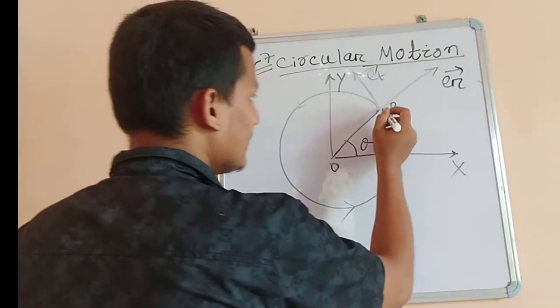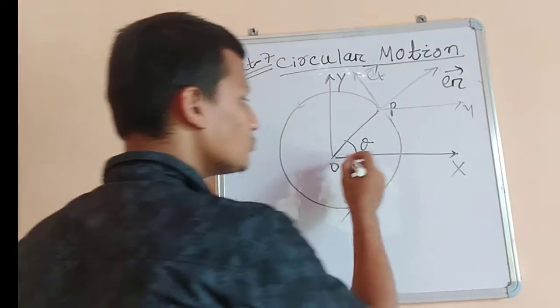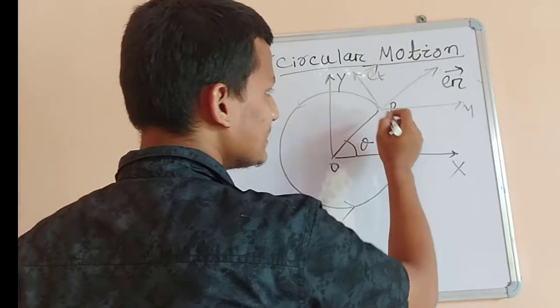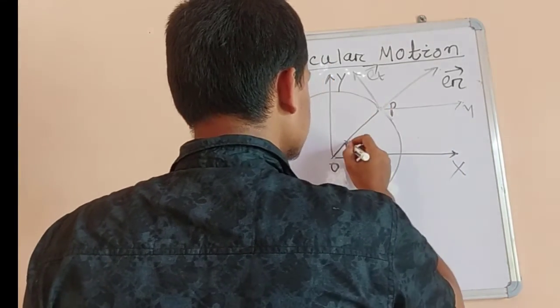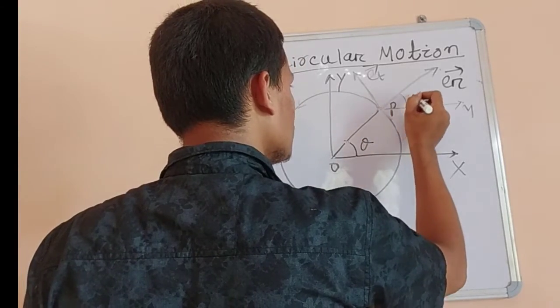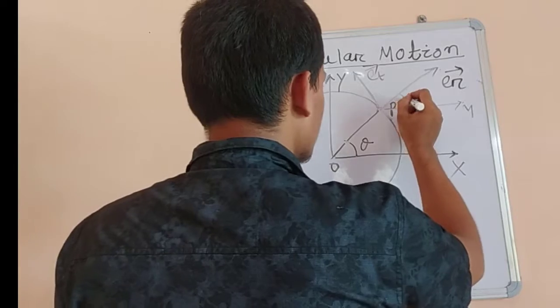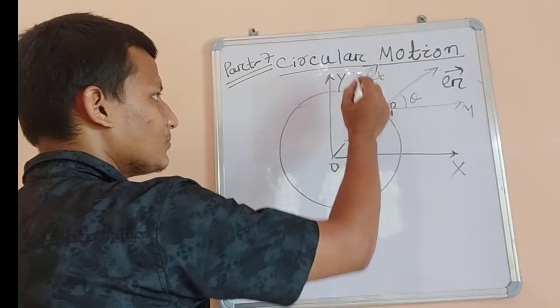Let's draw PM parallel to OX, the positive x-axis direction. This angle is theta, and this angle will also be theta because these two are corresponding angles.